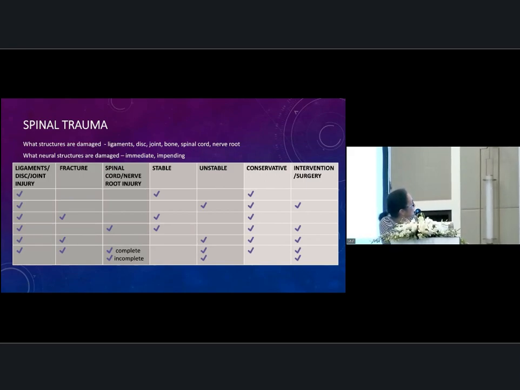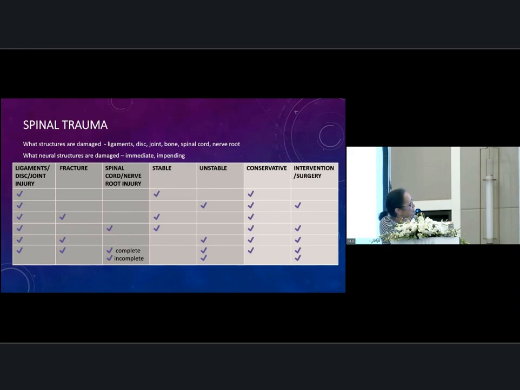So the ligaments, if the ligaments are injured and the spine looks stable, then we can manage conservatively. If the ligaments are injured and it looks like there's instability, depending on how bad it is, you could try and manage conservatively, but at the same time you could intervene surgically if you are perhaps more aggressive. The ligaments are usually damaged if there's a fracture.